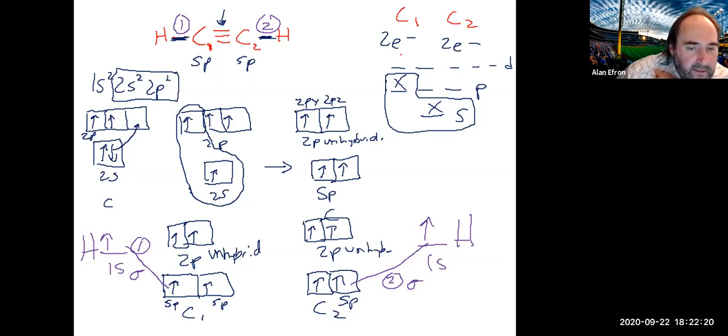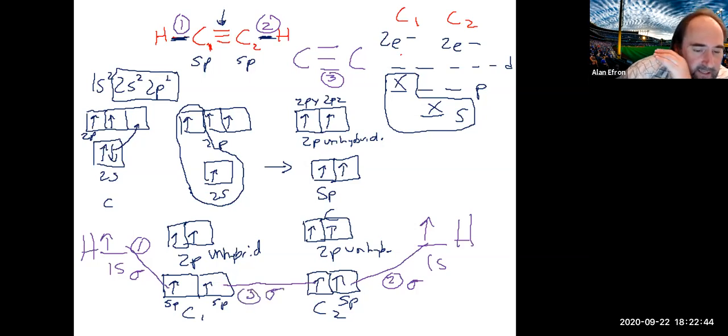Now we have really the triple bond that's left in the middle. The very first line, if you will, for the triple bond, we'll call it number 3 here, is going to be this sigma bond that's going to occur between the 2 carbons. So that would be bond number 3, which would be our sigma bond.